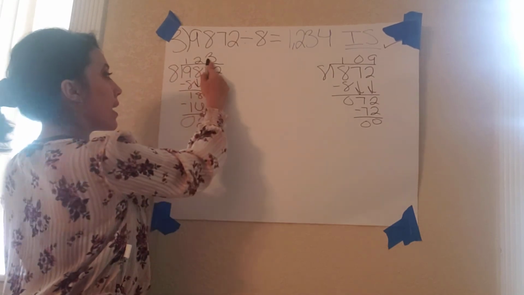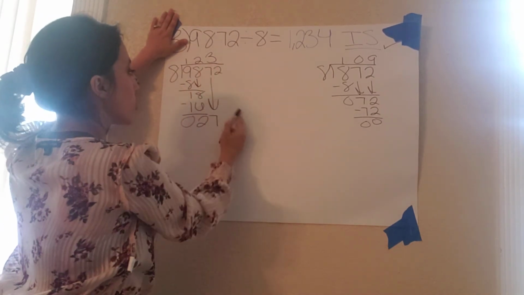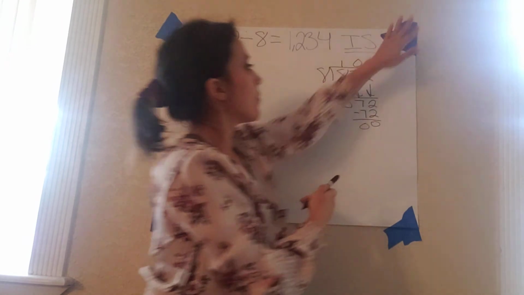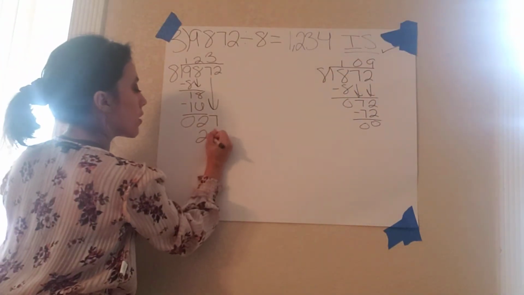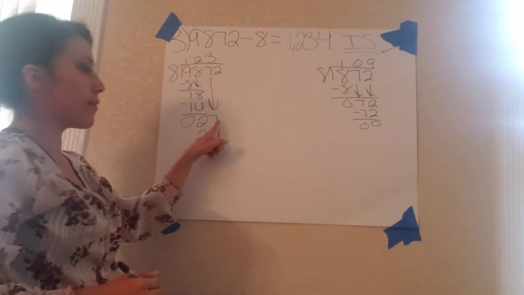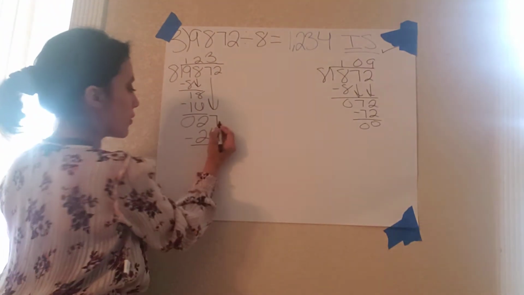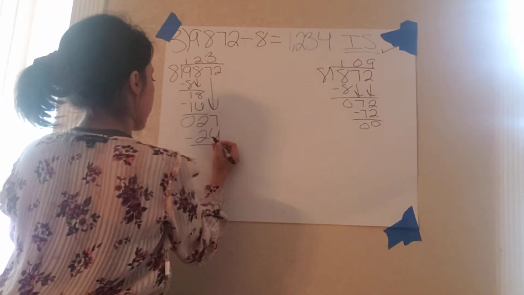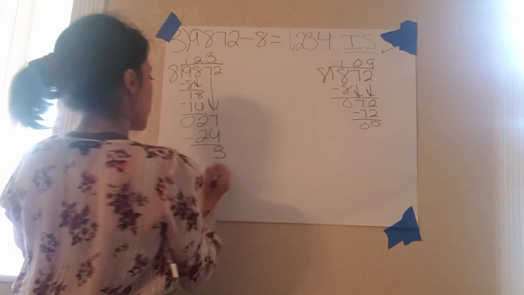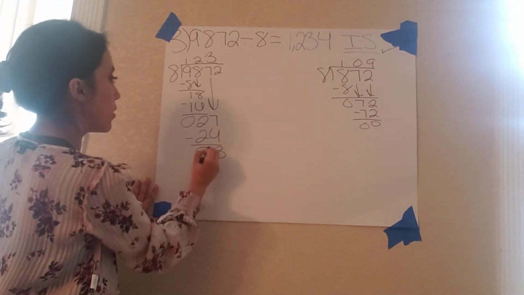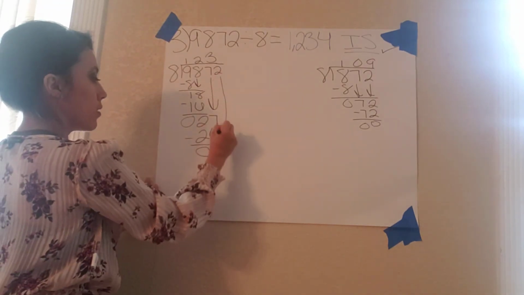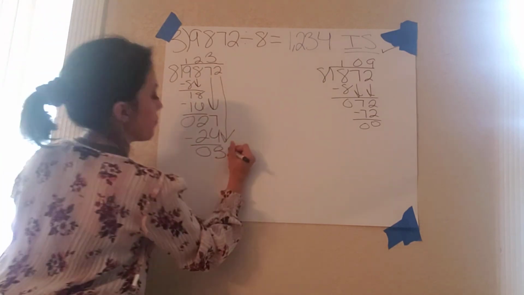We know 8 times 3 equals 24. So 24 is the closest number that we can get to 27. So 7 minus 4 is 3. 2 minus 2 is 0. Bring down the 2.